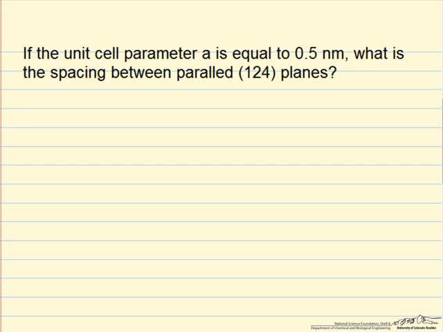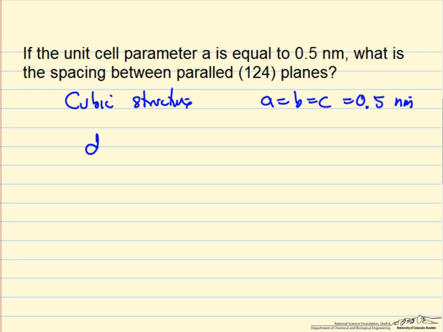And we're going to assume for this problem, we're going to use a cubic structure. It gives us, so this means a equals b equals c is 1/2 a nanometer. And so the spacing between the planes can be calculated from this distance in a cubic structure, a over the square root of h squared plus k squared plus l squared.